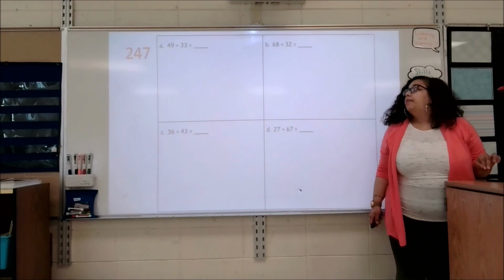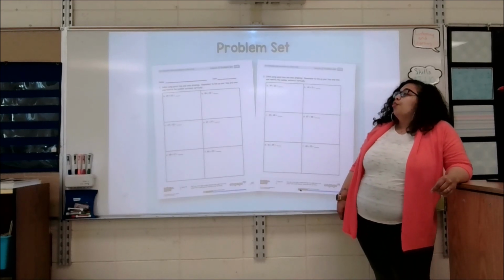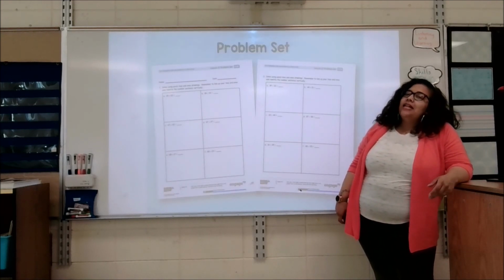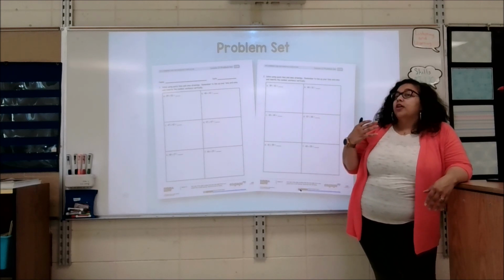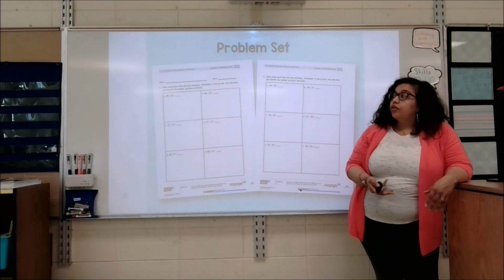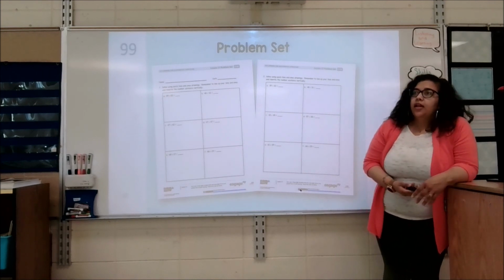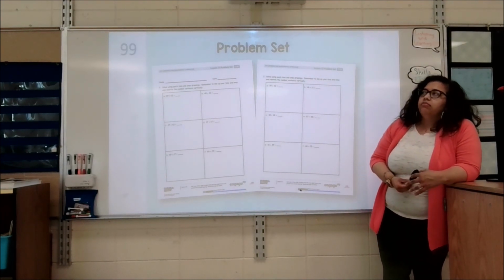Okay, so independently, you will be completing or working on. Complete does not mean finished. Complete means working on in such a way that you're trying your best, you're drawing your pictures, you're trying to write these stacked vertical number sentences, and you're not just sitting here looking like a bump on a log.